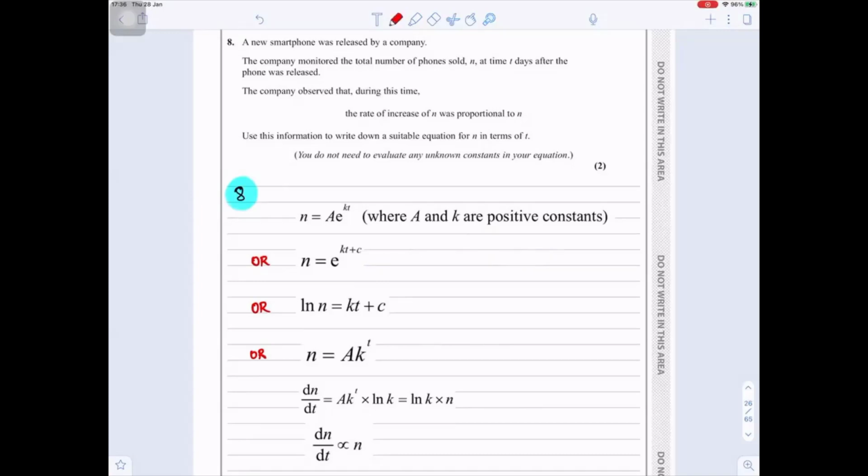So if you have e to the kt times e to the c, you can call e to the c a, so that would be a e to the kt, which is the same as this one. So that's just different ways of writing the same answers.